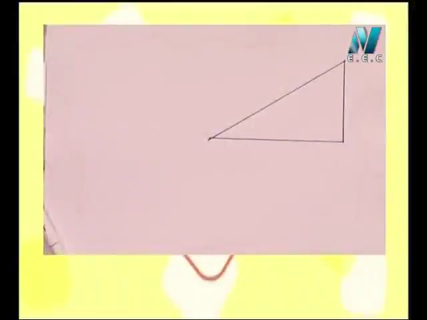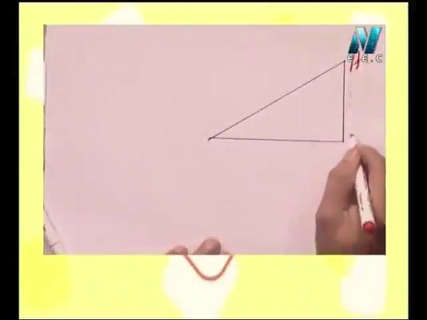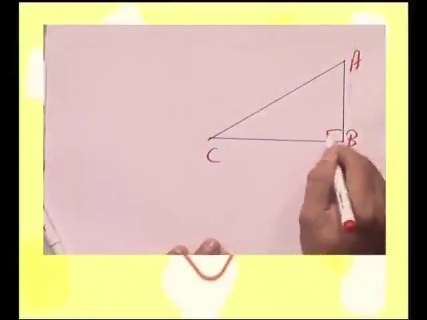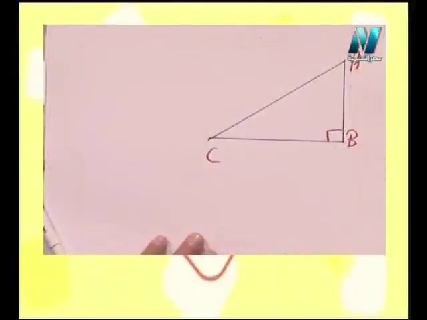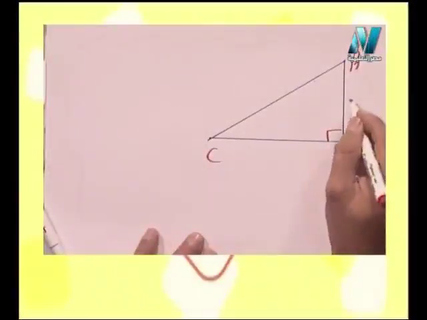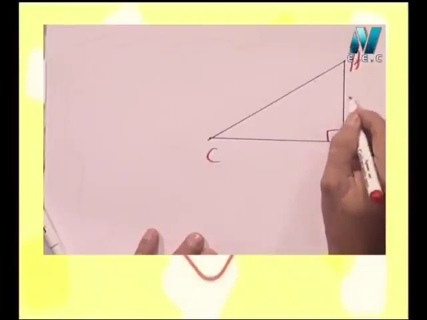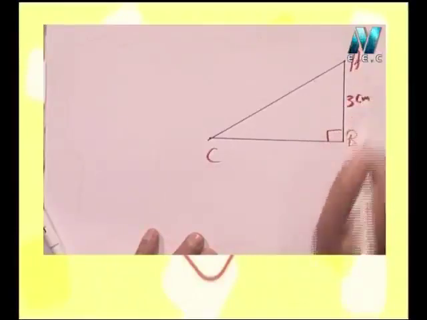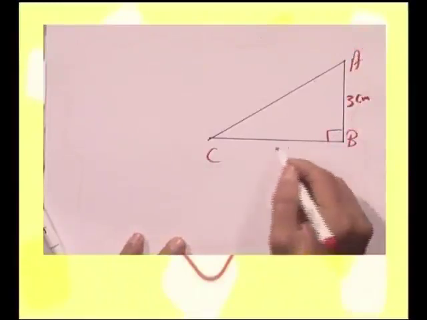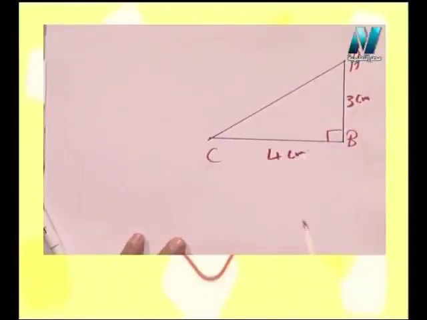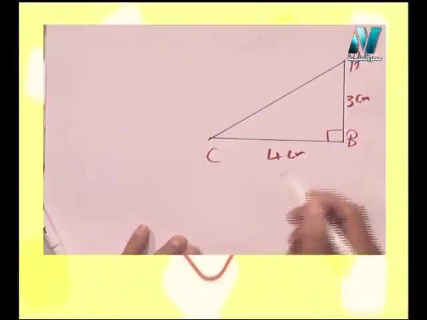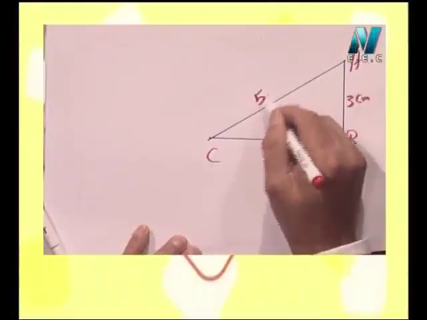We have A, B, C, and this is the right angle. Say that AB is of length 3 centimeters and CB equals 4 centimeters. Then from the Pythagoras theorem, AC equals 5 centimeters.